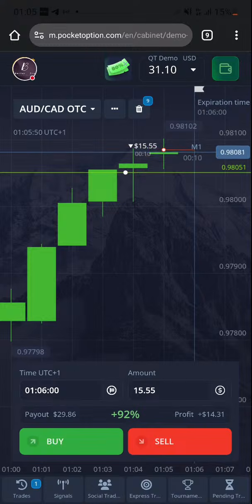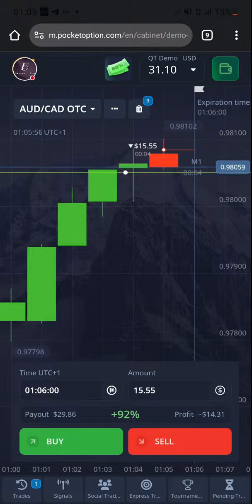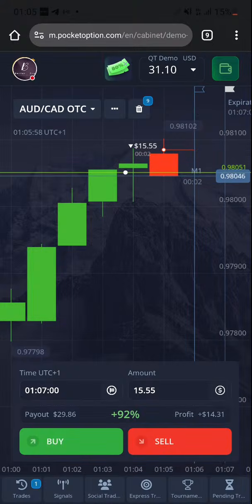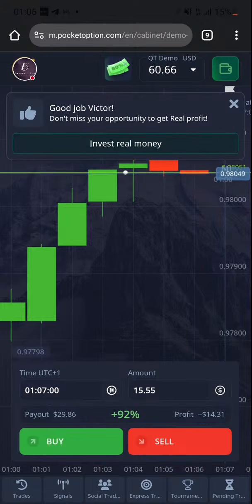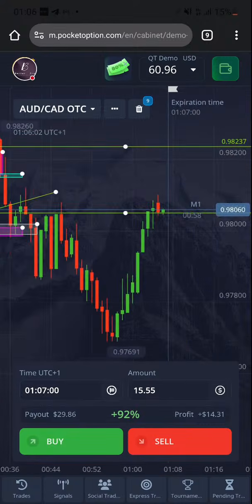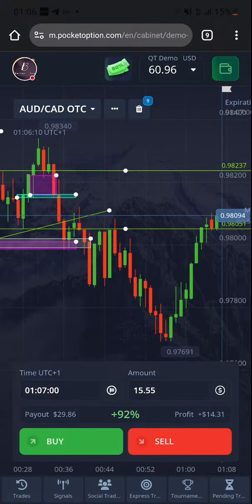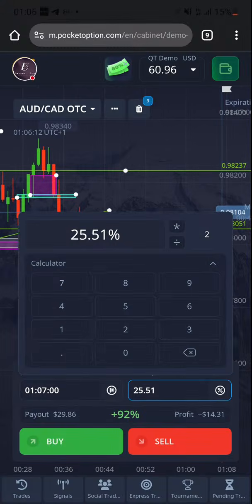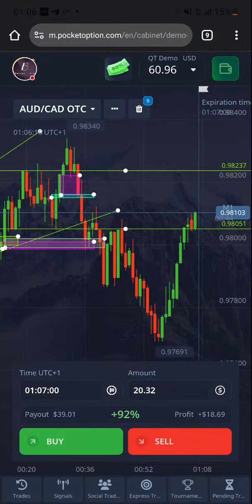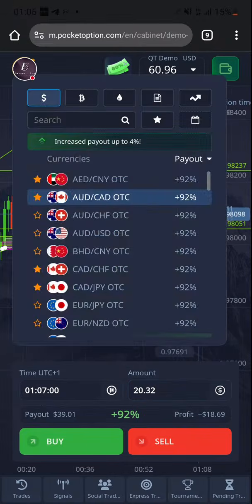You understand? Let's see if it will give us that red candle we were expecting. Okay, this was the real one. That's good. Okay. Yeah, we'll look for more opportunities in the markets.